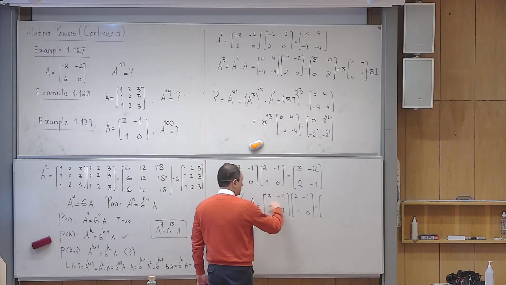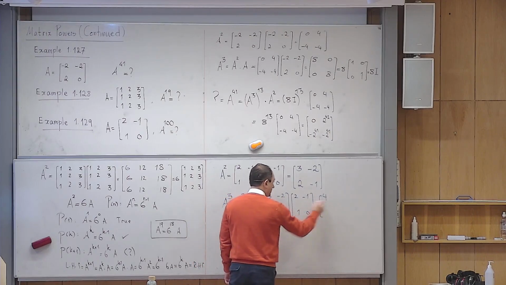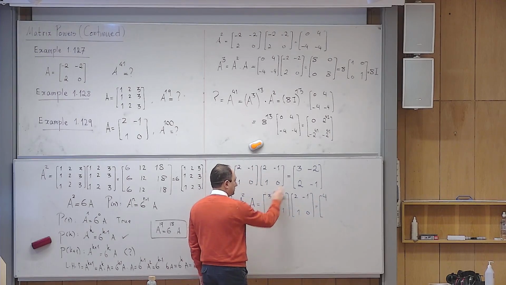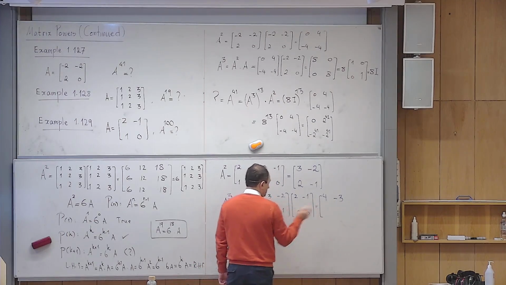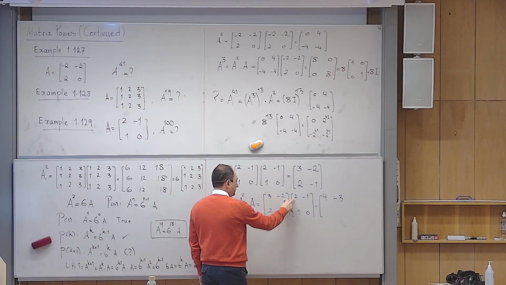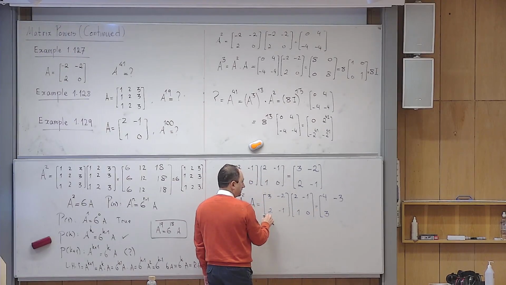What happens? It becomes 6 minus 2, so it is 4 now. Then you multiply this, it's minus 3, because this one is 0. And then 2 times 2 is 4, minus 1 is 3. I think some pattern is revealing itself now. Yes, 2 times minus 1 is minus 2.